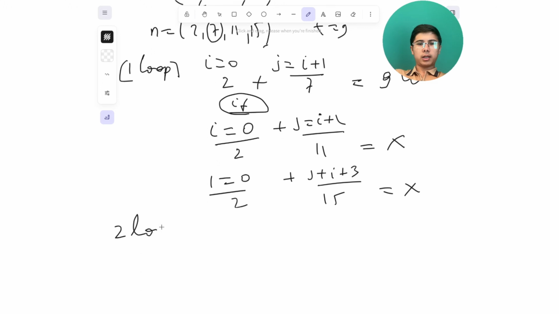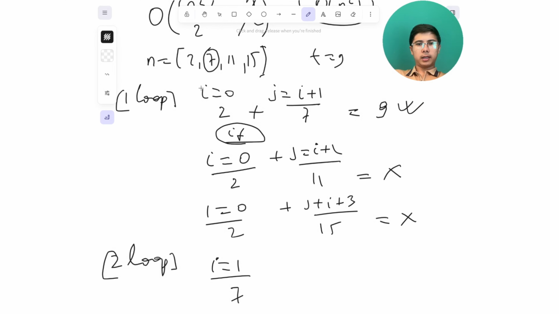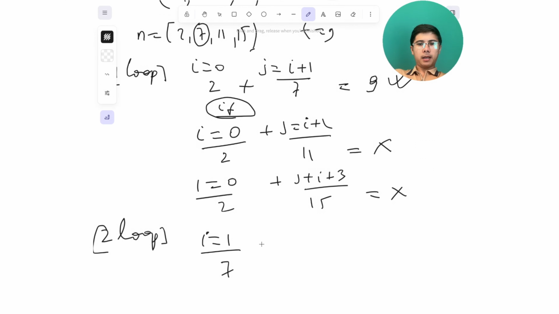We can check the second loop as well, which is I equals 1, the next element, the next index, which is the 7, plus j, that element at I plus 1, which is the second index. This is 11.